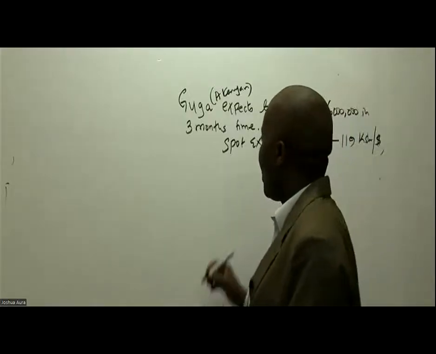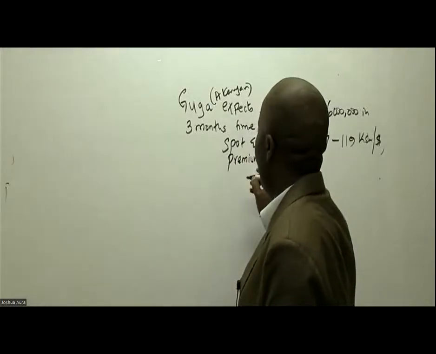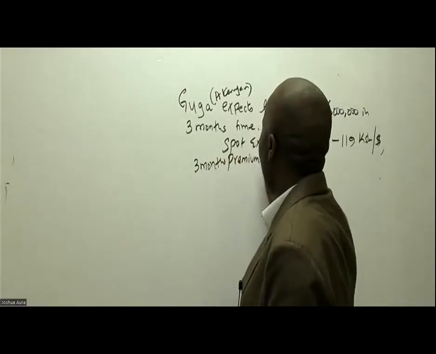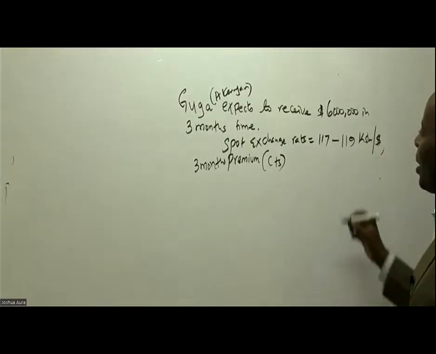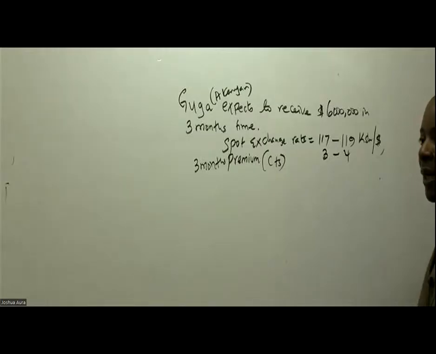And then they'll give us the premium, 3 months premium in cents, 3 to 4, like that.